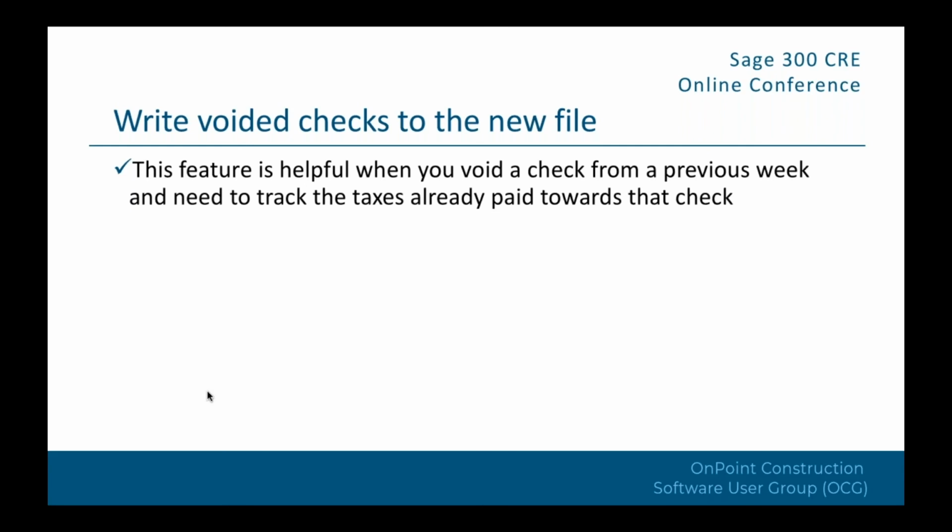So you do that week after week. Everything accumulates in this new file. Just before you're ready to post, run that, and then post. Don't make any more changes to it, because that's what you're basing your 941 payment off of.